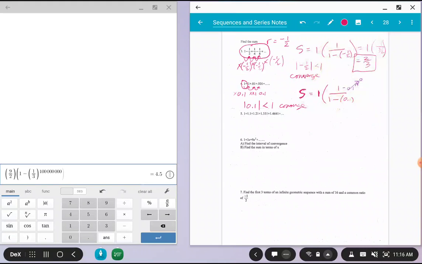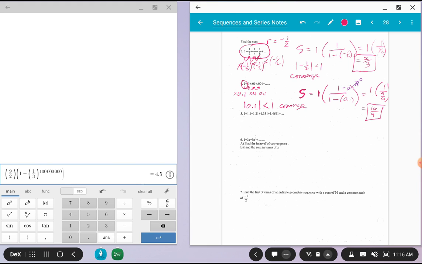So from this we can just solve. 1 minus 0.1 is 0.9, or 9/10. So 1 times 1 over 9/10 is the same as 10 over 9 when you flip it. So that's going to add up to 10 over 9.